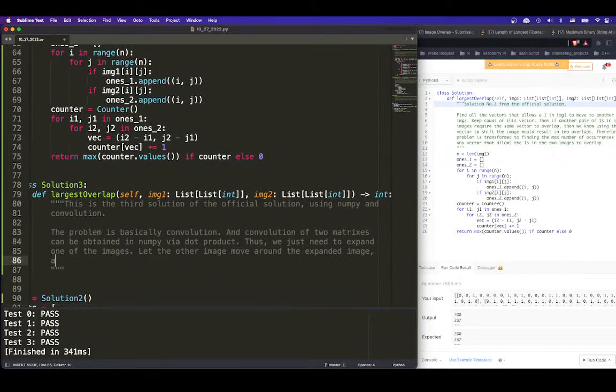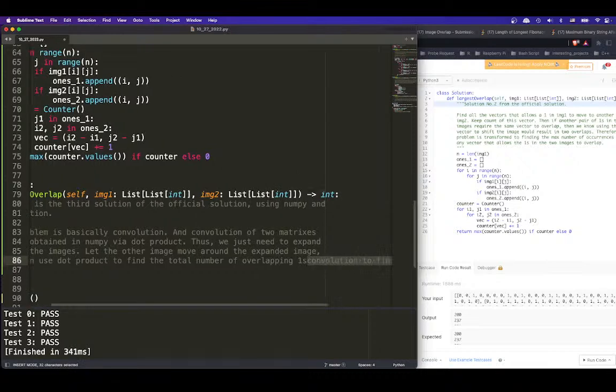And then use convolution, right? Convolution to find the number, and use dot product to find the total number of overlapping ones.